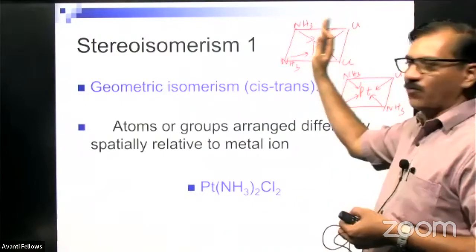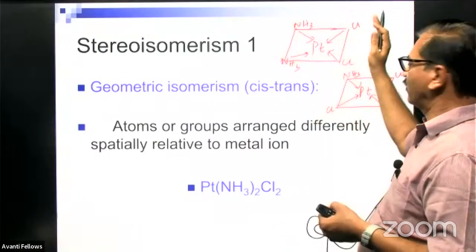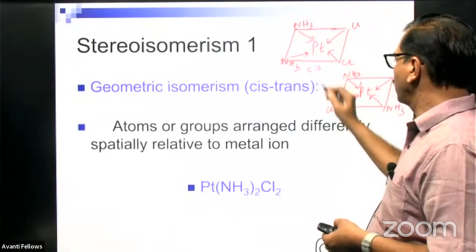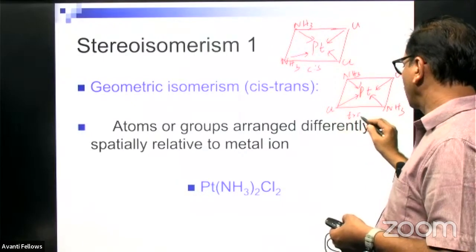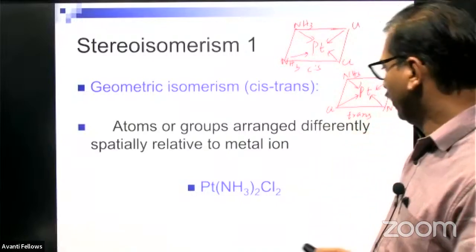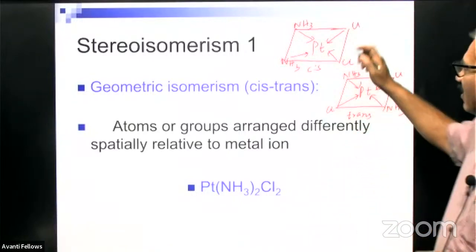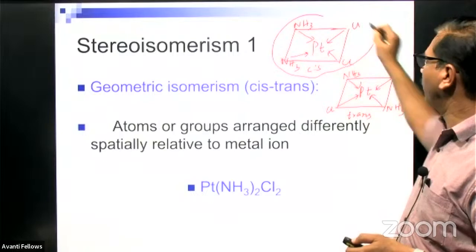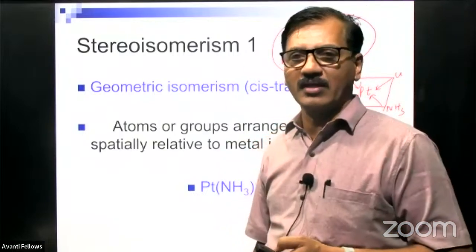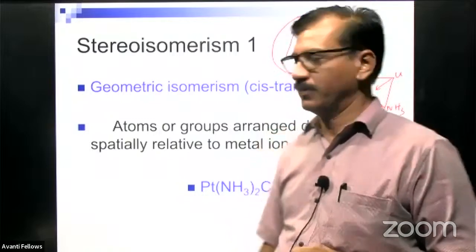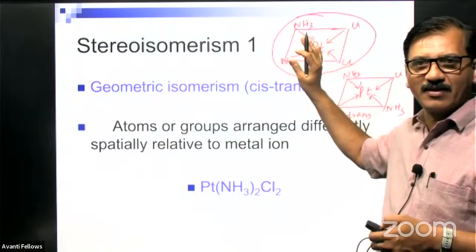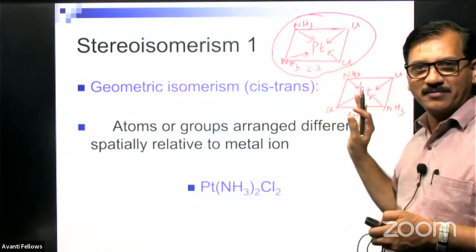This is the cis form, and this is the trans form. This is cisplatin. I think you might have heard, cisplatin is used against cancer. It is a medicine, and the cis form acts as a medicine, but not the trans form.